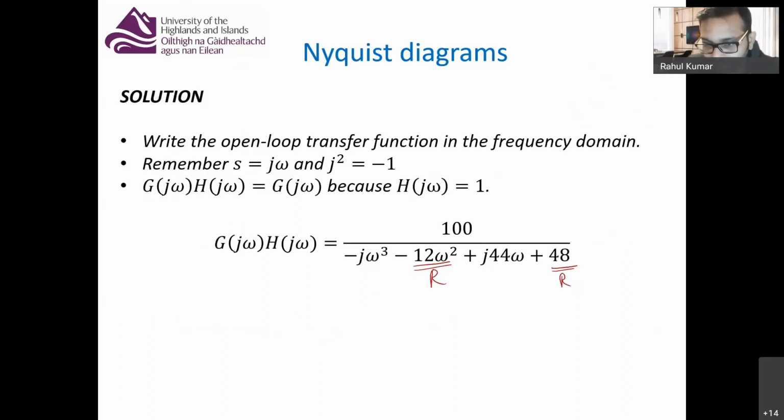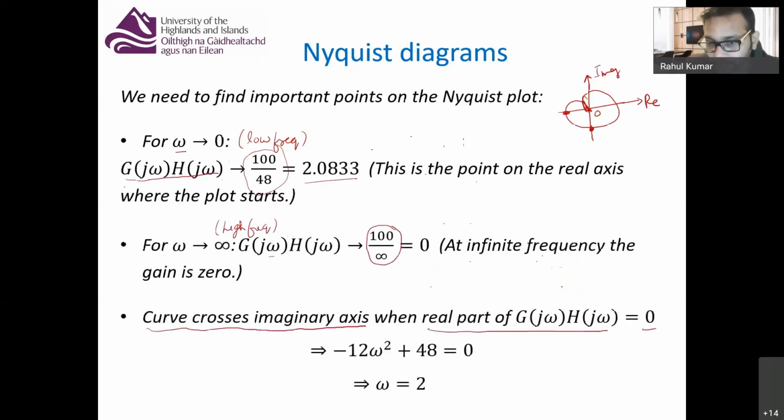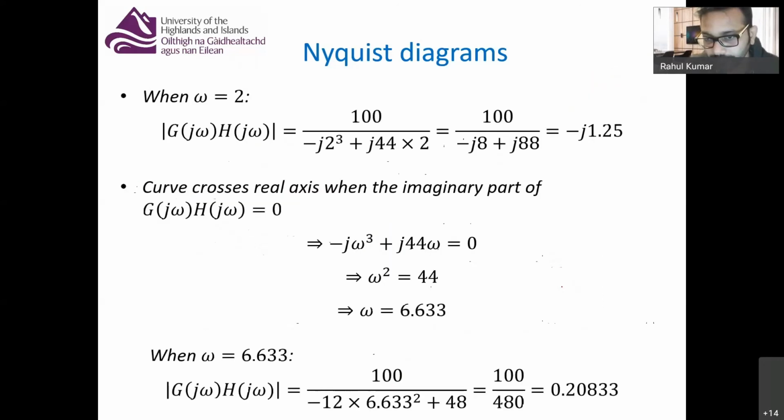So I equate these two parts equal to 0 to find where my Nyquist diagram will cut the imaginary axis, and find the value of omega. So omega comes out to be 2, right?